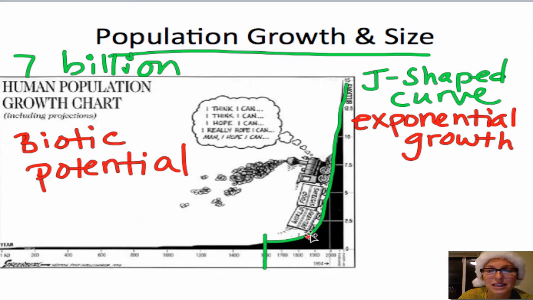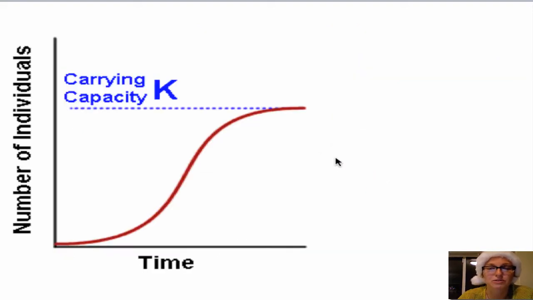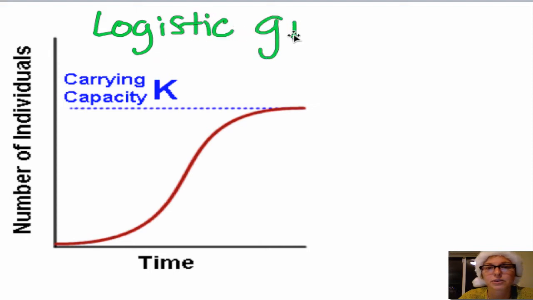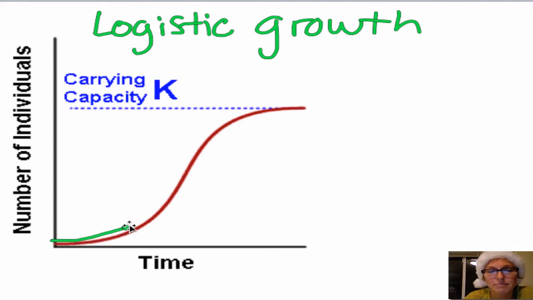We are pretending that there is unlimited resources. Let's look at a different, more ideal population growth curve. This population curve is called logistic growth. And as you can see on this curve, we do see a bit of a J shape.